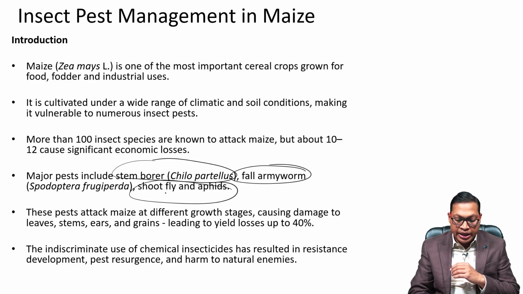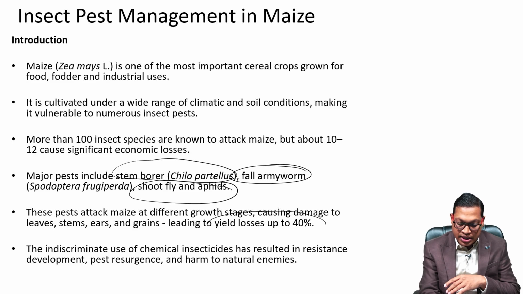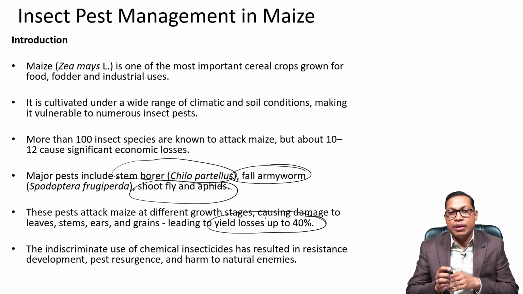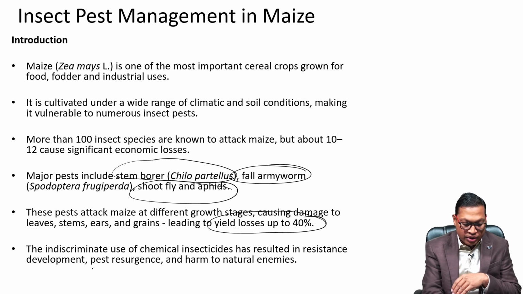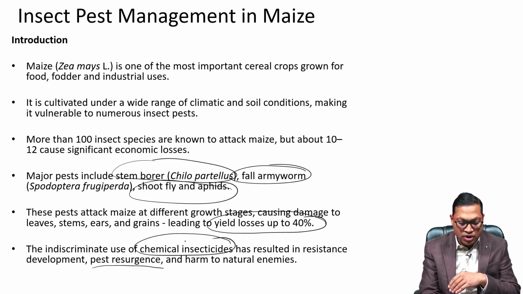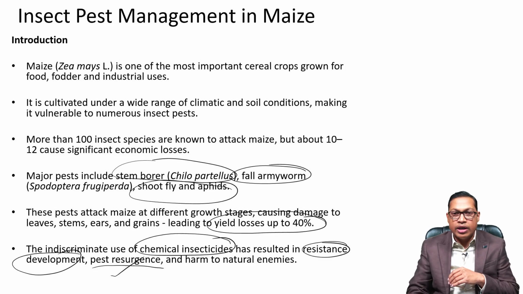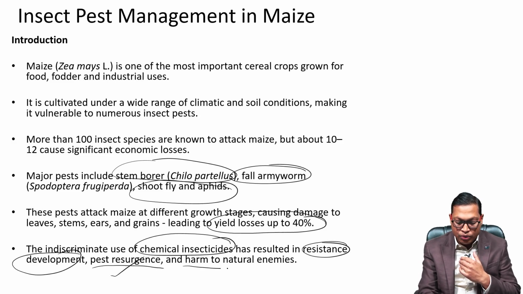These pests can infest the crop from germination up to the grain filling stage, and yield losses could be up to 40%. So, we have to manage it and minimize chemical insecticide use, because there might be pest resistance development against the insecticide, and it is harmful to natural enemies.